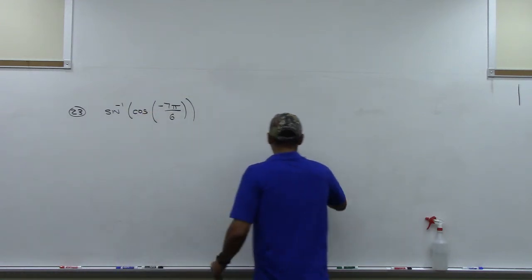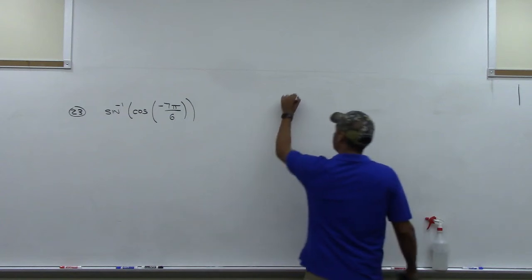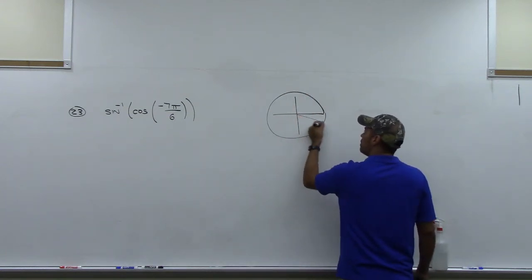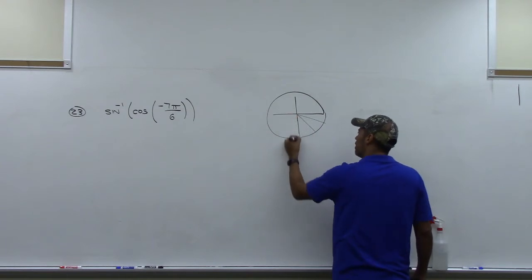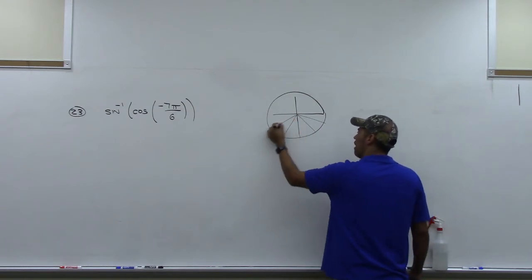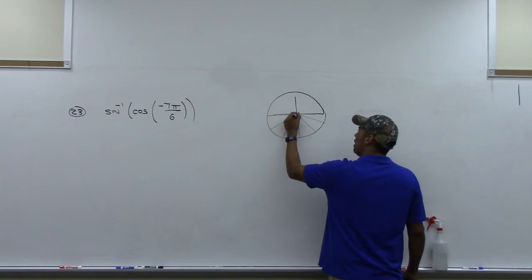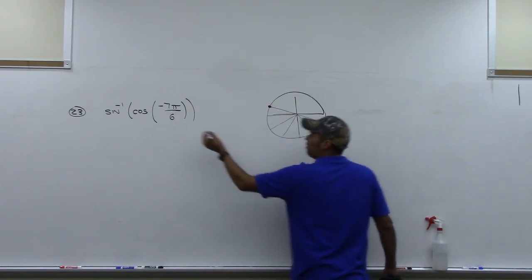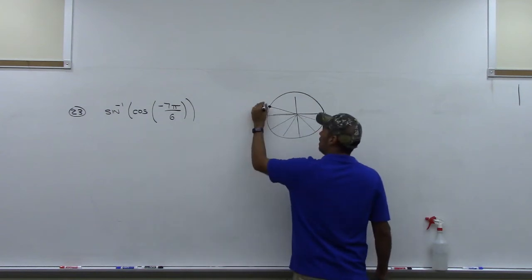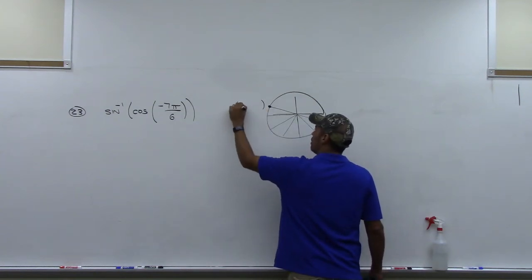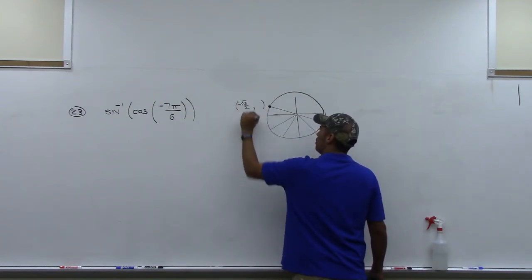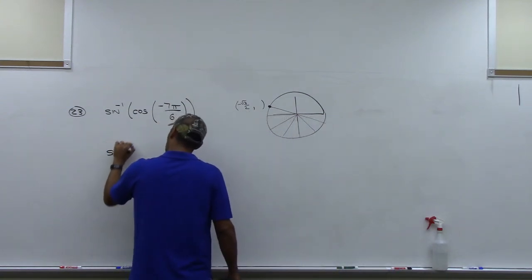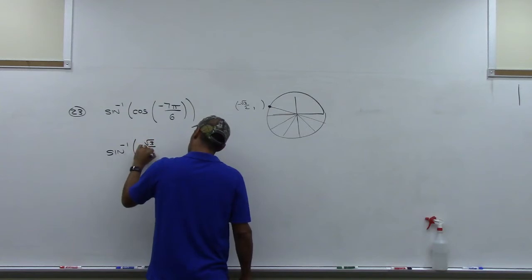So I need to figure out where negative 7 pi over 6 is. Here's negative pi over 6, 2 pi over 6, 3 pi over 6, 4 pi over 6, 5 pi over 6, 6 pi over 6. Negative 7 pi over 6 is right there. And I want cosine of that, so I would like the x-coordinate here. The x-coordinate here is negative root 3 over 2. So this is really just arc sine of negative root 3 over 2.